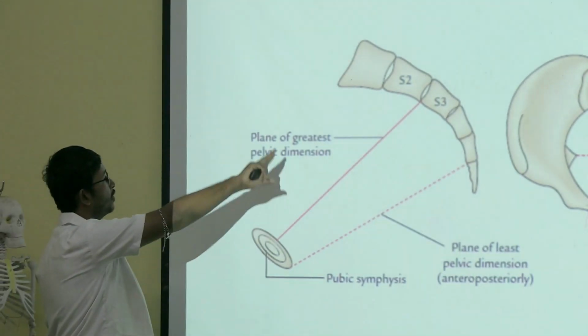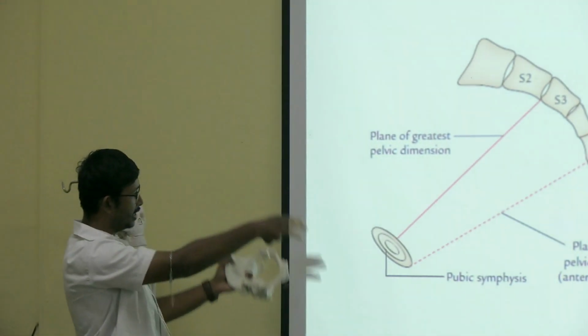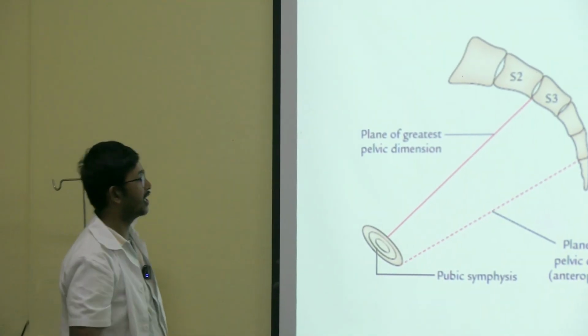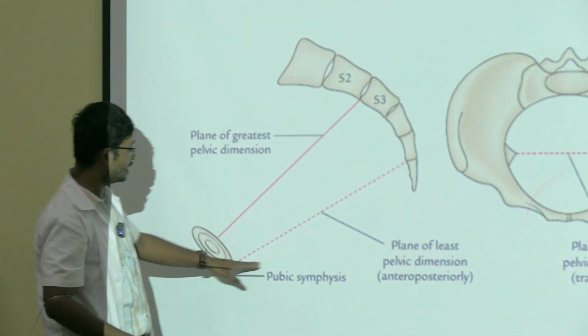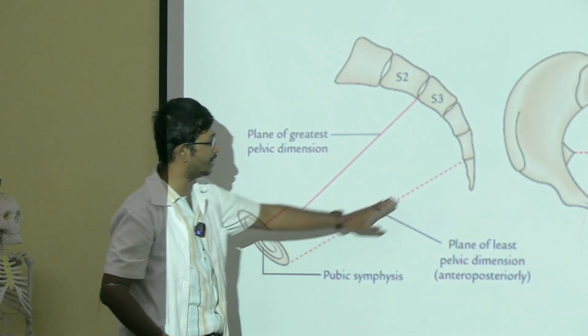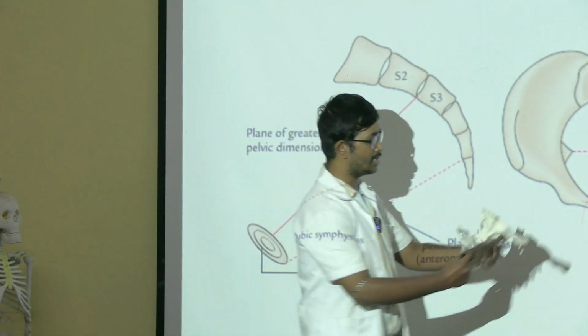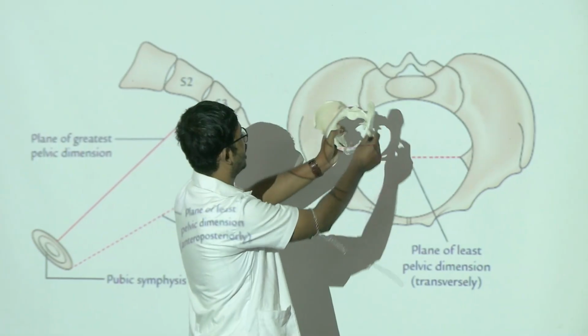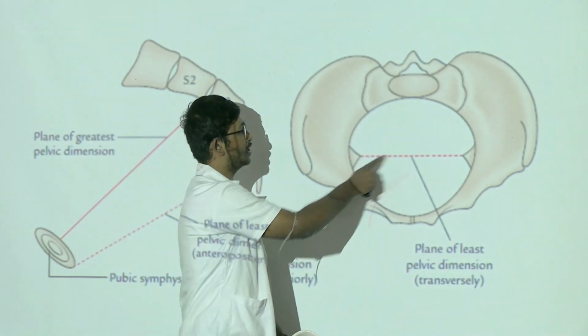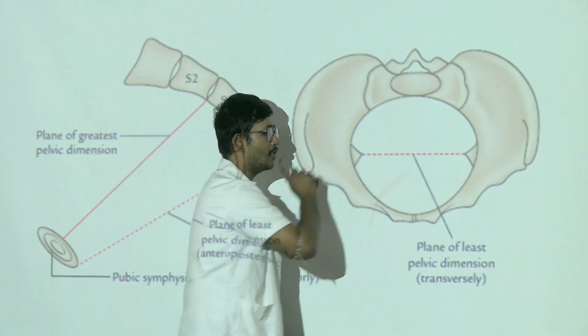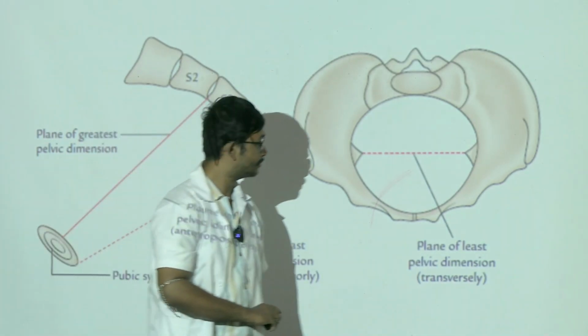Through this part a baby can easily come out. And this is the plane of your least pelvic dimension anterior-posteriorly and transversely. This is your ischial spine. This is the plane of your least pelvic dimension.